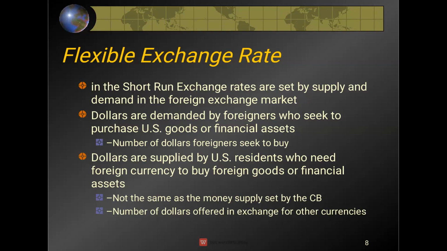The dollars are supplied by United States residents who need foreign currency to buy foreign goods or financial assets. That is very, very important. So who is supplying the dollars? The US residents. They need foreign currency so that they can buy foreign goods or financial assets in countries other than the US.